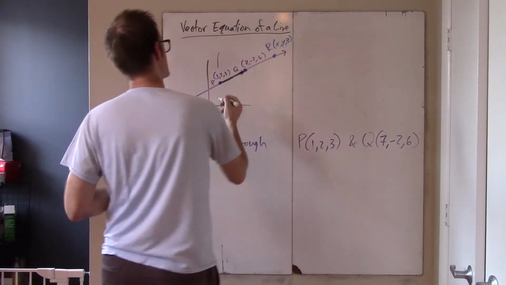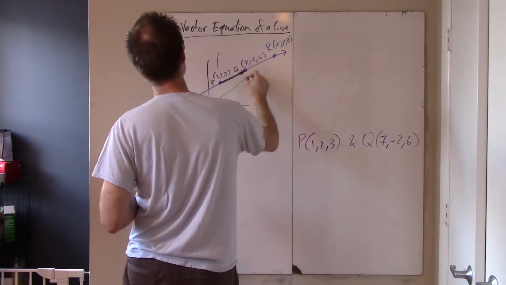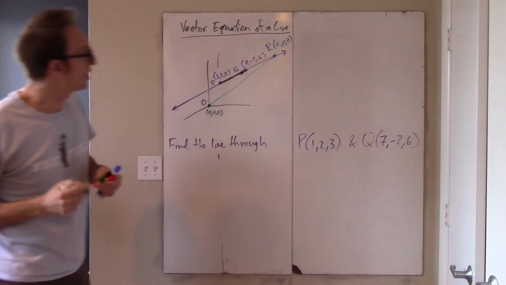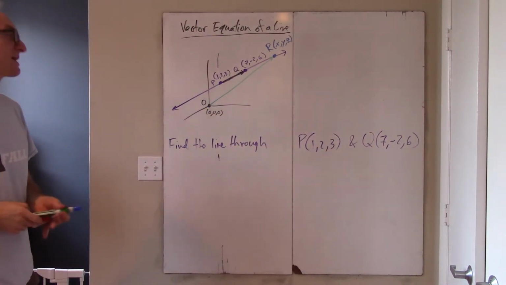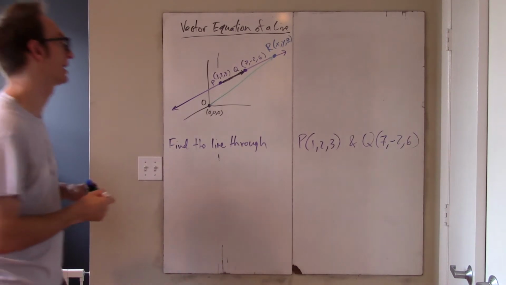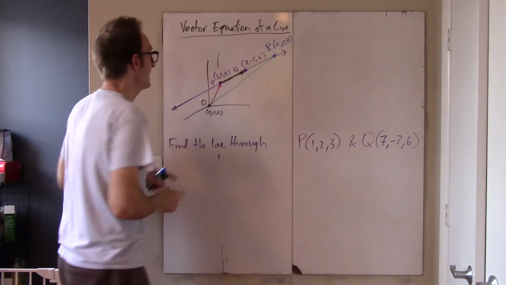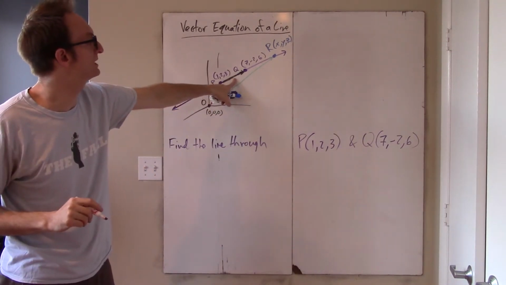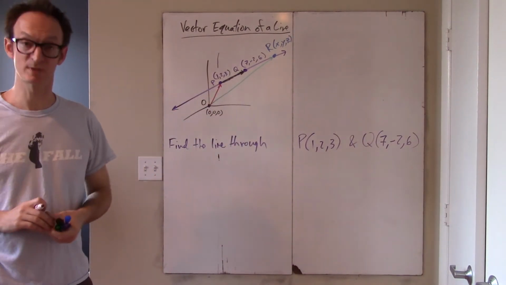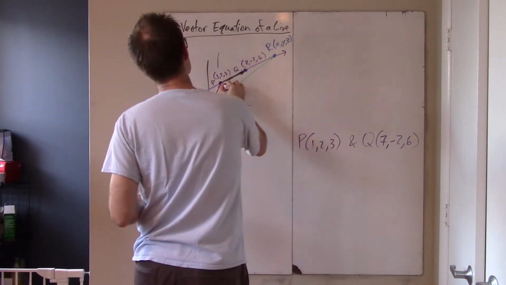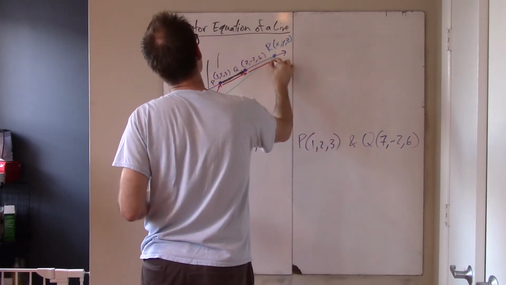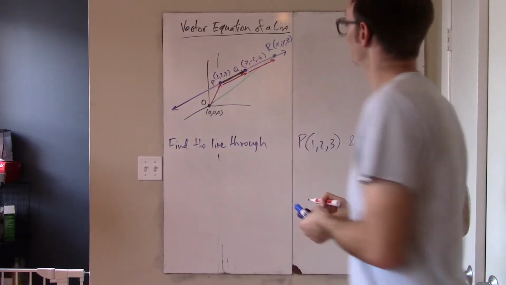One way to get to the vector R is to just go straight there from O to R. The other way is to first go from O to P and then ride the PQ train some number of times. In this case, it looks to be roughly about 2 times.